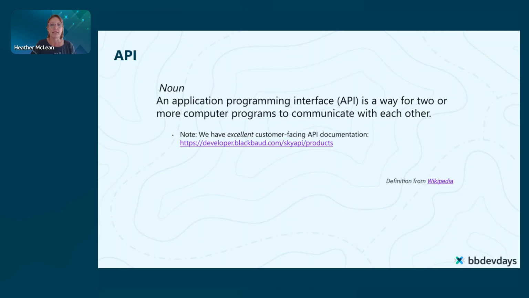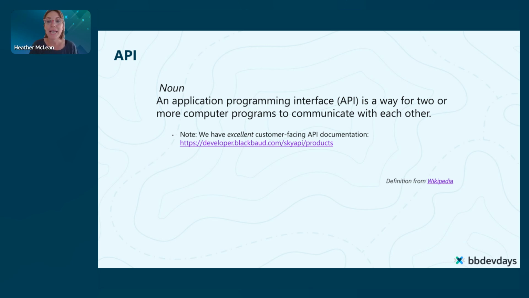You've already heard me say the word API, and you're here at BB Dev Days, so you may already know what an API is. But just to give it its own definition, it's an application programming interface, which is a way for two or more computer programs to communicate with each other and to do so in a really secure way. So essentially, when you sign in with your BBID, it's like having your iris scanned in Mission Impossible, right?